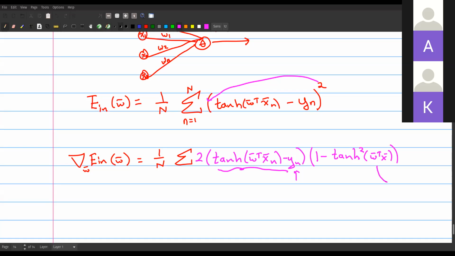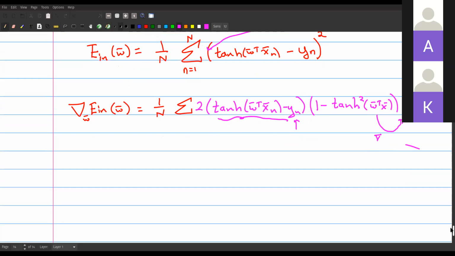And finally you multiply by the gradient of this thing, and the gradient of a vector times x is just x. If you haven't done calculus in a little while, that wasn't easy, but that's about as easy as it gets.